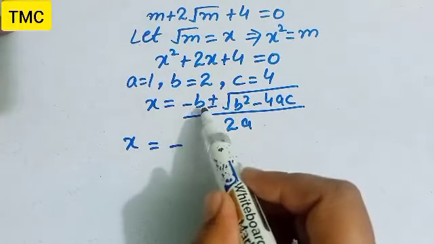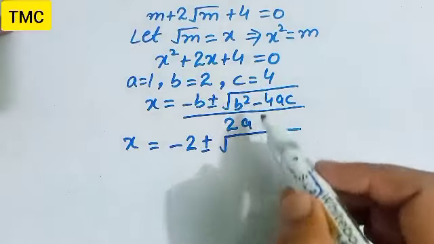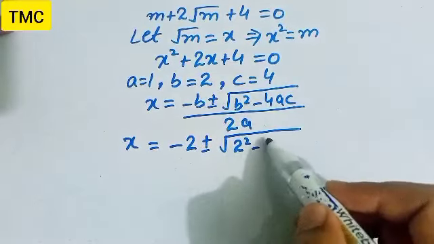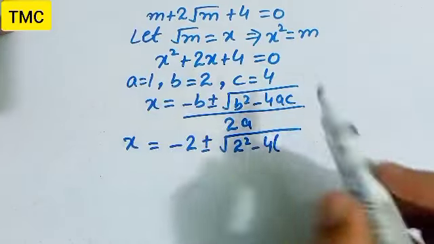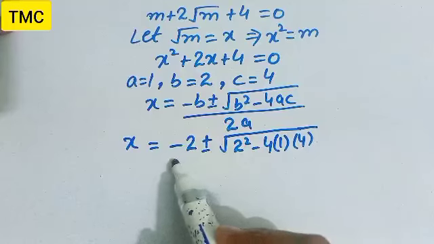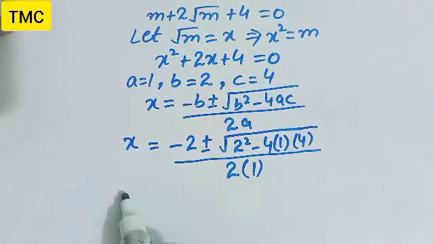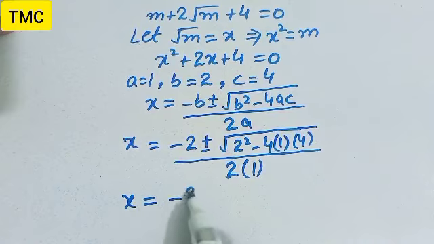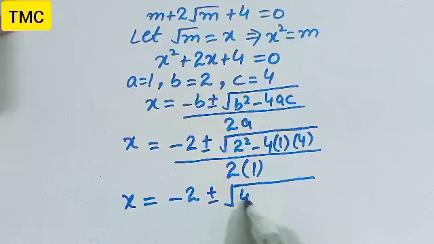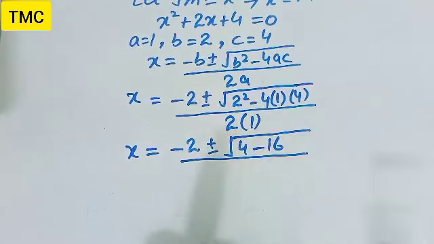Putting values from above, b as 2, plus minus b square is 2 square, minus 4, a is 1, c is 4, divided by 2 into 1. Simplifying it, x equals negative 2 plus minus square root 2 square is 4, minus 4 into 4 is 16, by 2 into 1 is 2.